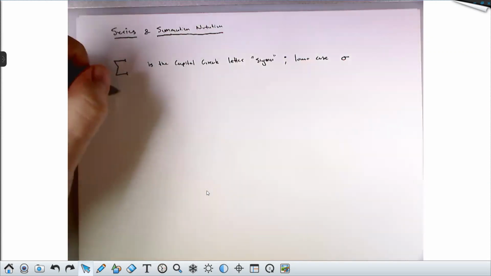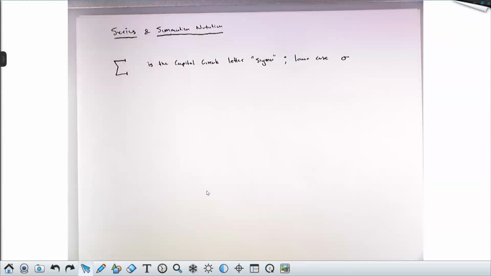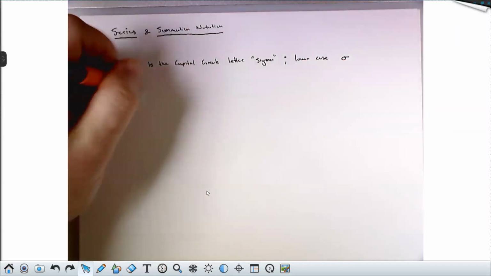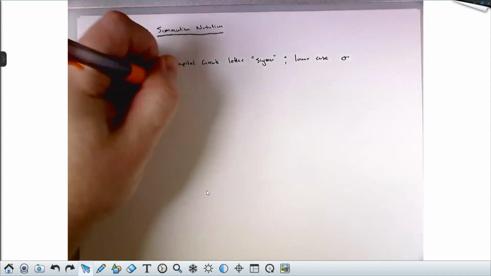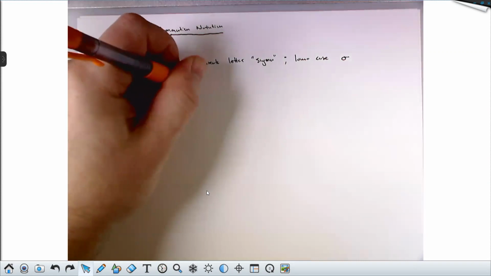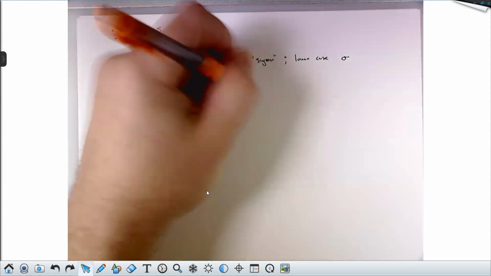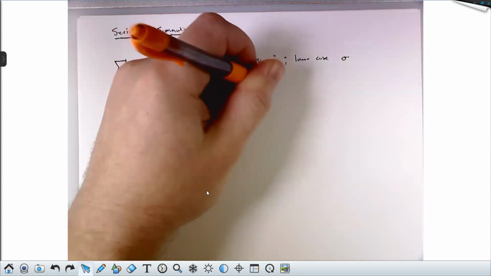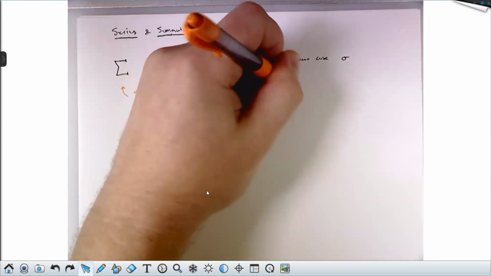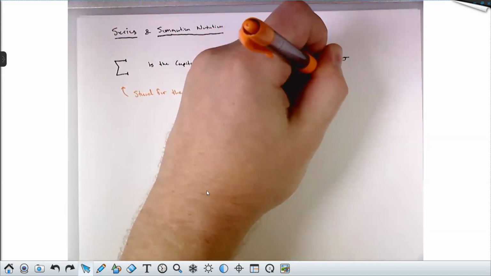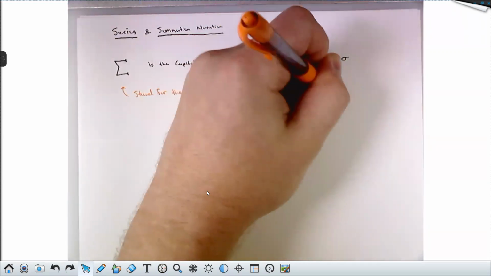This guy, because it makes the S sound, that's why, stands for the word sum in math. Similar to, anybody know where the integral symbol comes from?